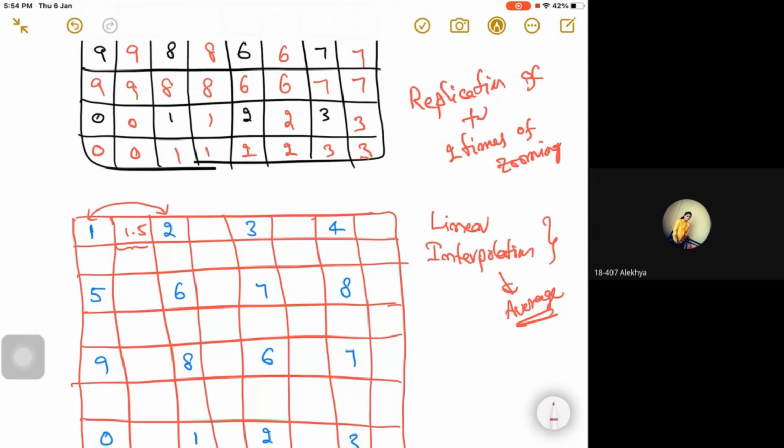Similarly, in between 2 and 3, 5 divided by 2, 2.5. Then between 3 and 4, the total is 7, 7 by 2, 3.5. Then here you are having only one cell empty. After that, there is no second element to take the average. So let them leave. We will see about it last.